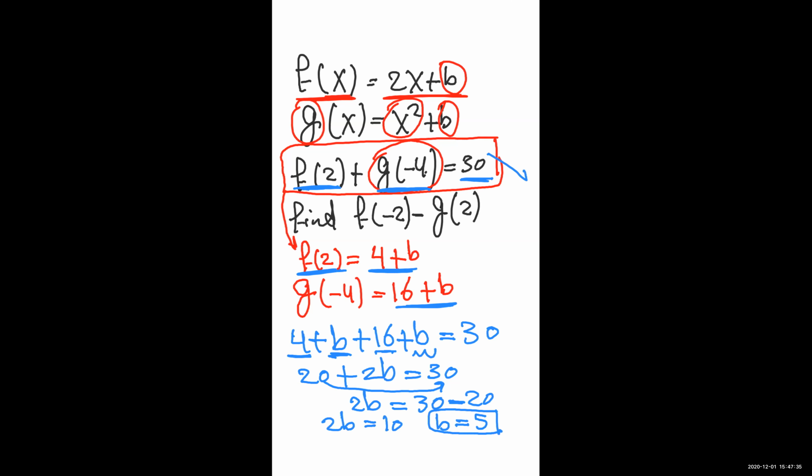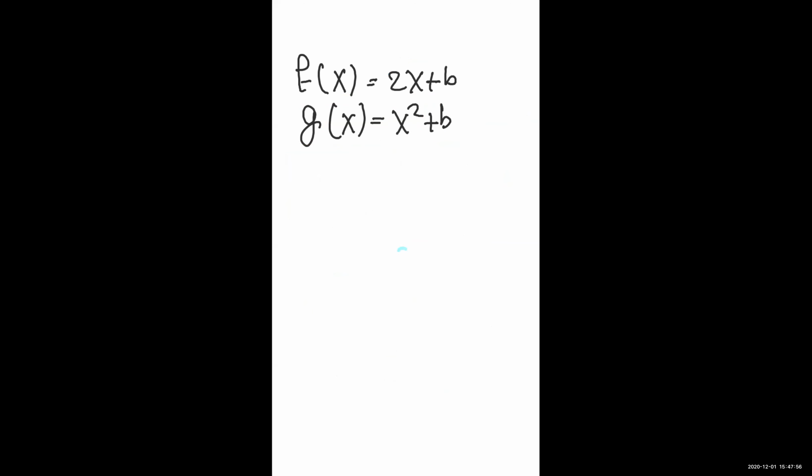So this means f of x becomes 2x plus 5, and g of x will equal x squared plus 5. Now it's very easy to get f of negative 2 and g of 2. Okay, let me clear this part on the board.